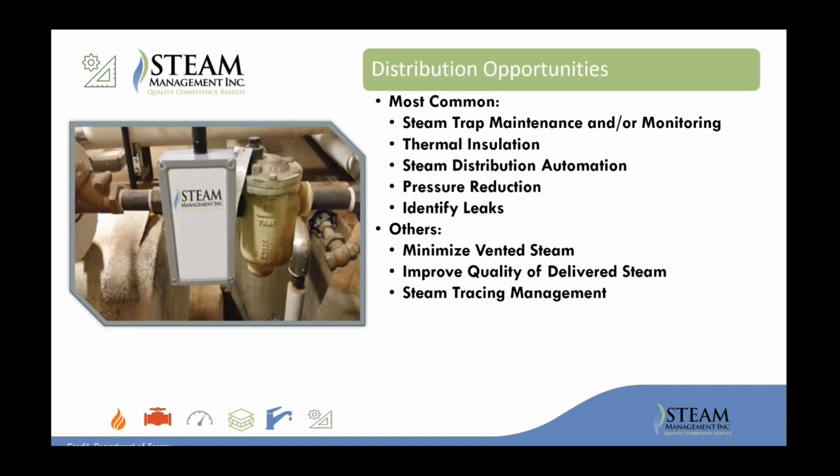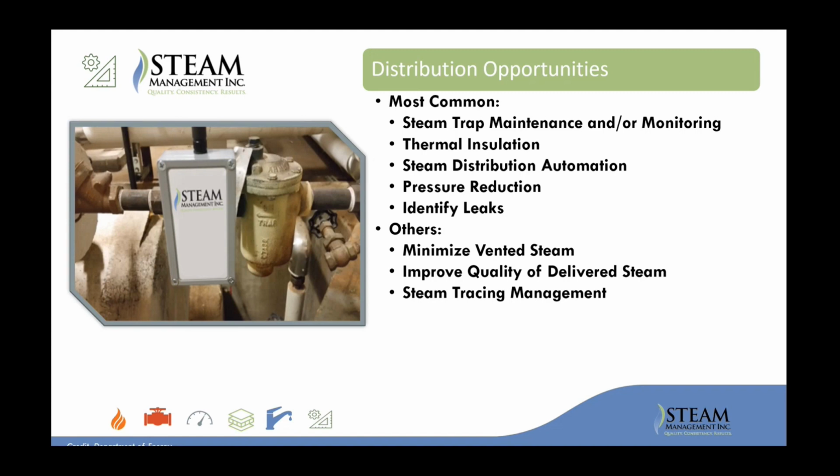So I listed these out of order, but it's actually in order of the things that are most common. Distribution opportunities are the most common, and the most common of those being steam trap maintenance and monitoring. That's your big energy waster in a steam system if it's not properly maintained, and so that's often the biggest opportunity.